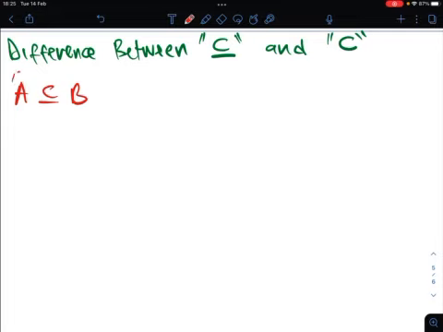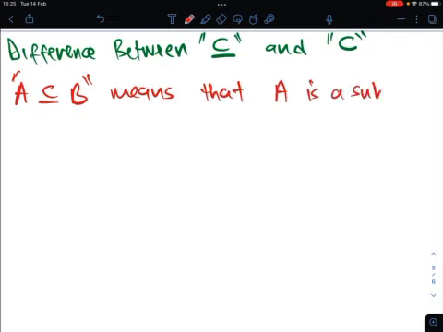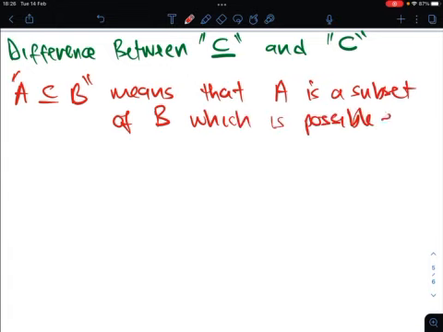This means that A is a subset of B, which is possibly equal to B. Every time we use this notation that has a bar, it means there is a possibility that these two sets can actually be equivalent to each other.